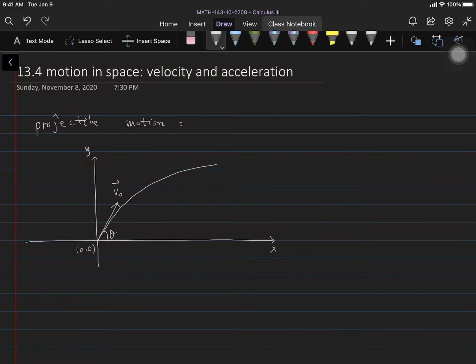Okay, and so let's see. That means we fired the projectile at some angle from an initial position. So here is the origin.